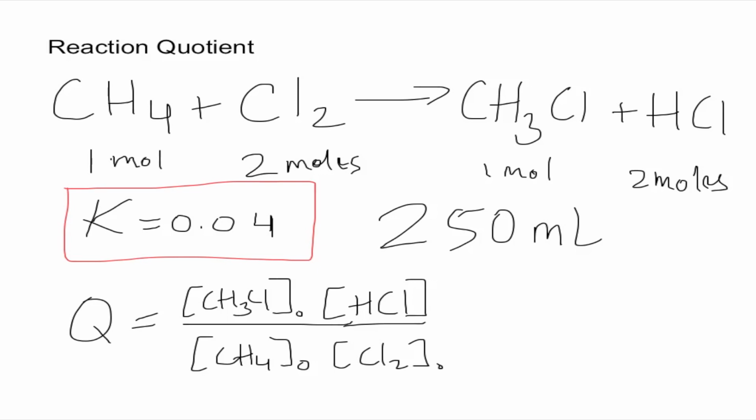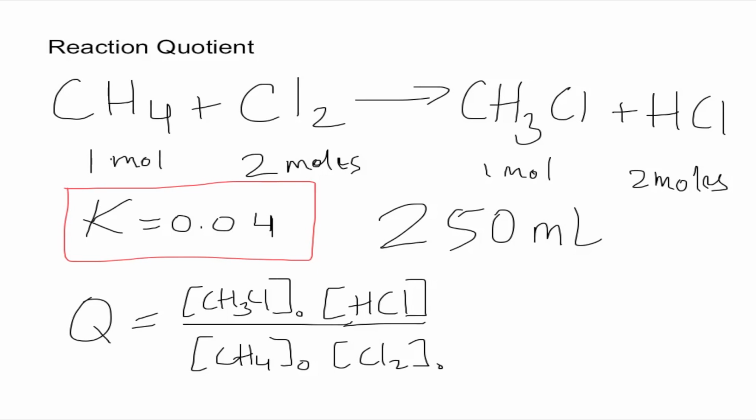In this case, none of them have coefficients, so we won't have any superscripts. That is, if we had two hydrogen chlorides or two chlorines formed, we would have to put it squared. So that is the formula that we're going to use.